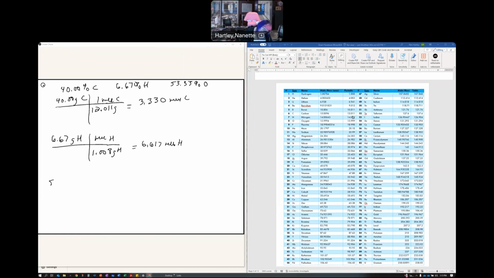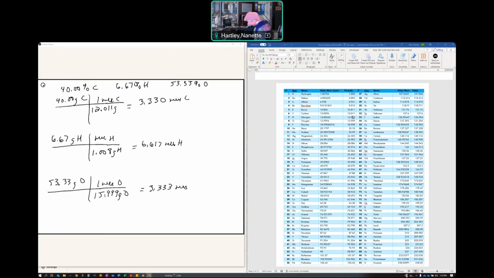And then I have my 53.33 grams of oxygen divided by the molecular weight, which is 15.999 grams of oxygen per mole of oxygen.